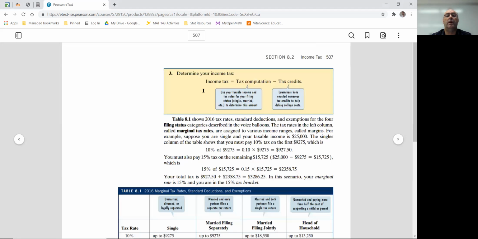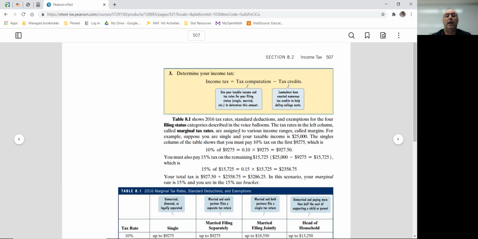Once you have your taxable income, you calculate the amount of the income tax by taking a tax computation, which is based on your taxable income and your filing status, and you subtract the tax credits. It's this tax computation part that will end up being quite a bit different than what's in the book.